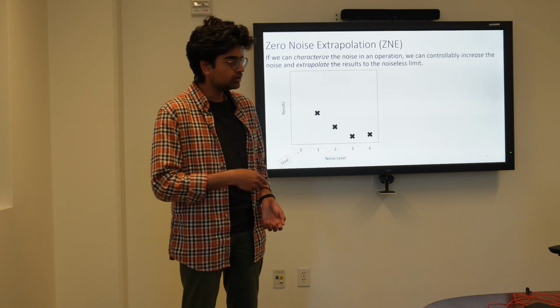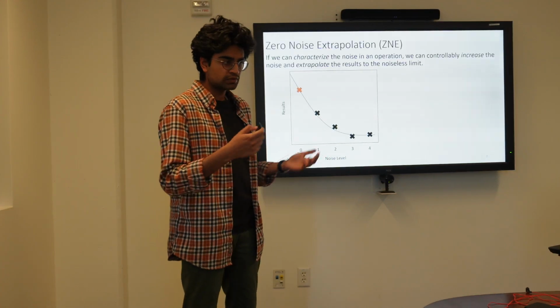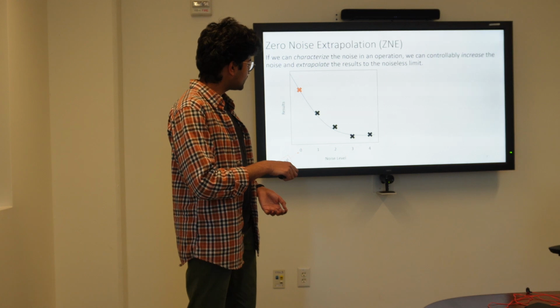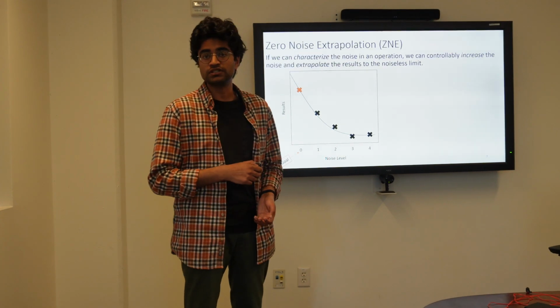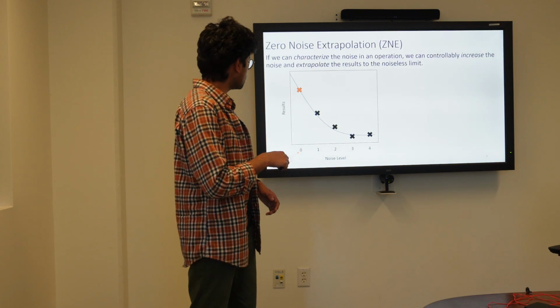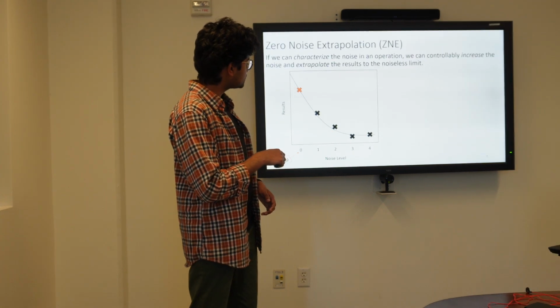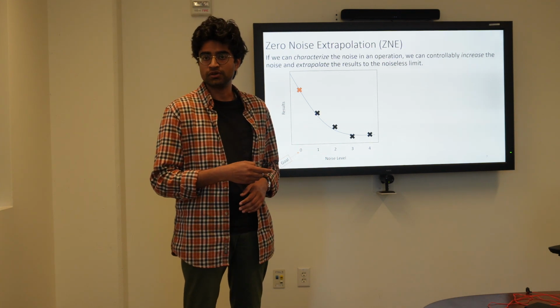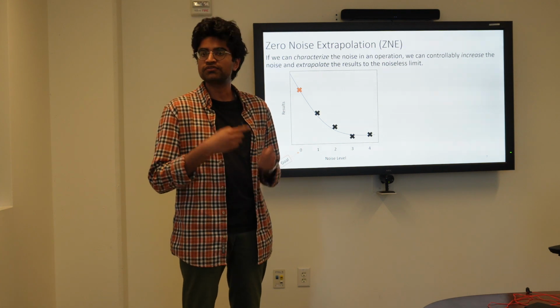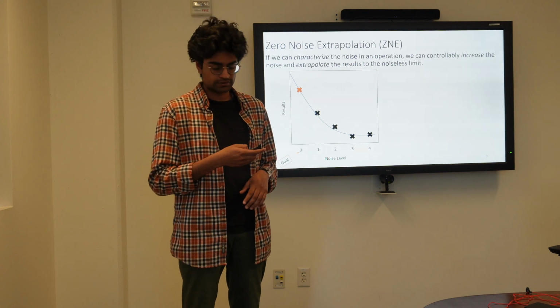And the point is now, I fit this data to some theoretically motivated function, and I can actually estimate what the true value is at noise level 0. So I don't know what the answer actually is, but I'm going to estimate it wherever this extrapolated curve lies at noise level 0. I'm going to say, okay, this is my current estimate for the noiseless result.